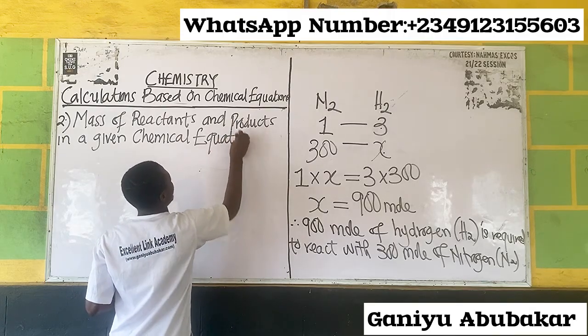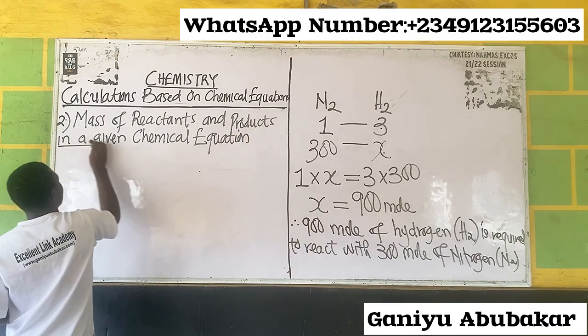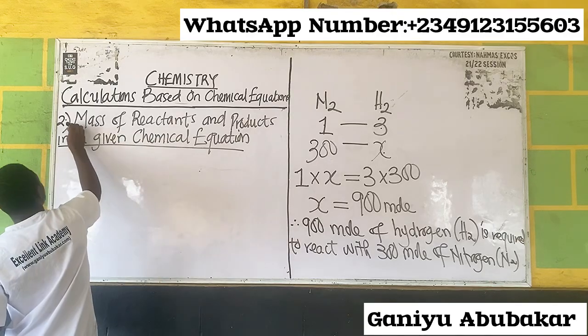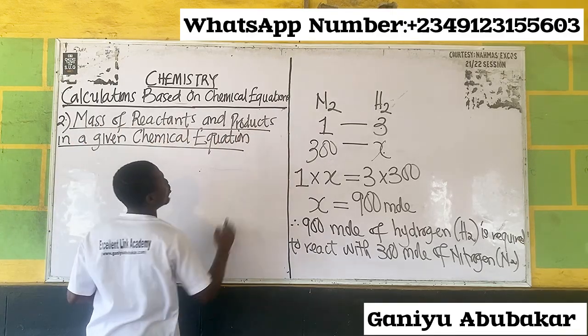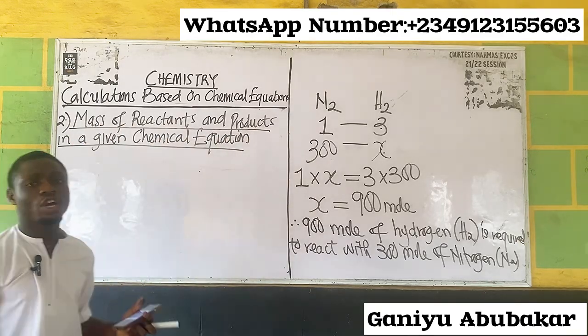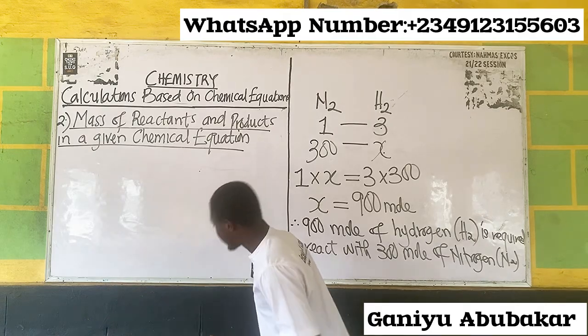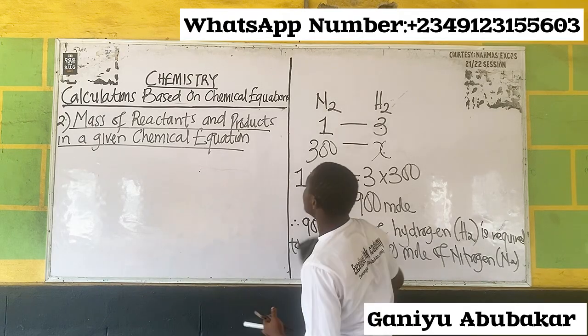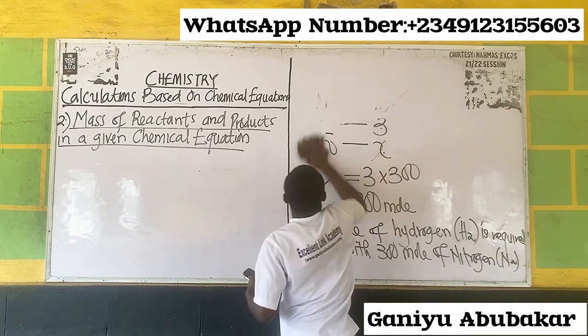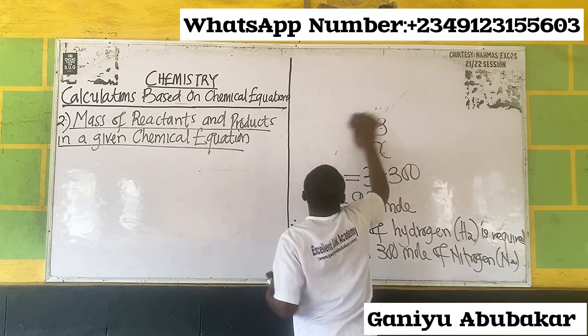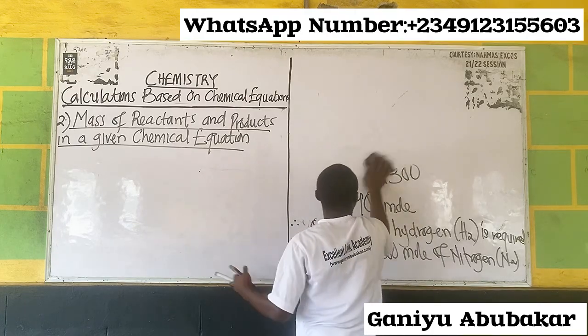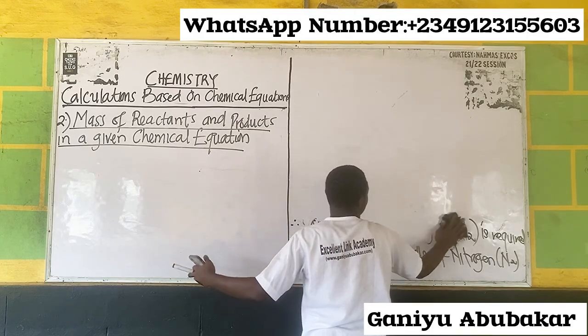So this is the second calculation we can make based on chemical equation. The first one was the number of moles of reactants and products. The second one is the mass of reactants and products of a given chemical equation. Let's take an example under this one and explain how to solve problems under this second calculation.